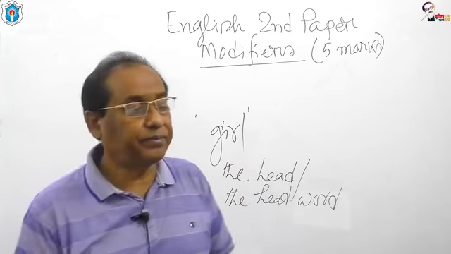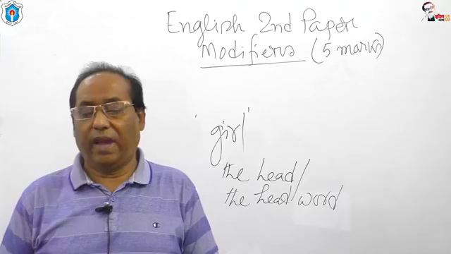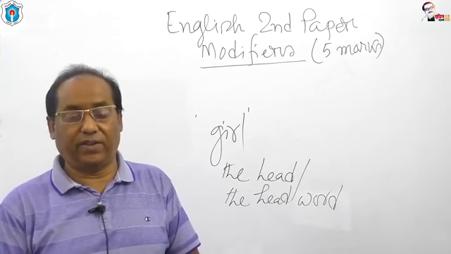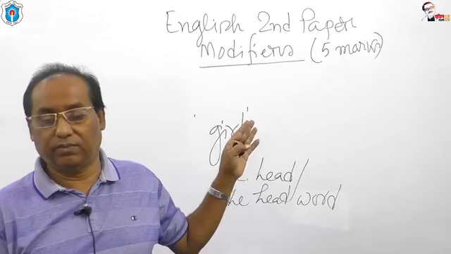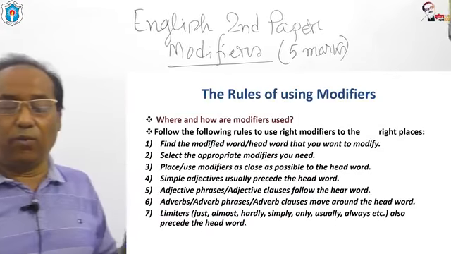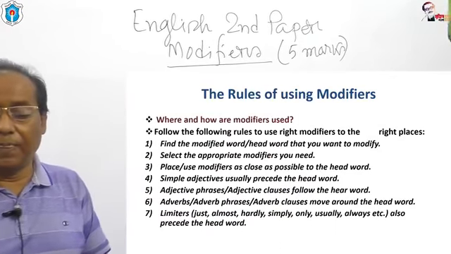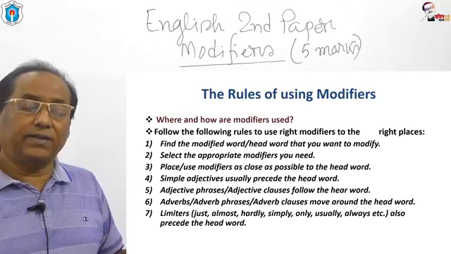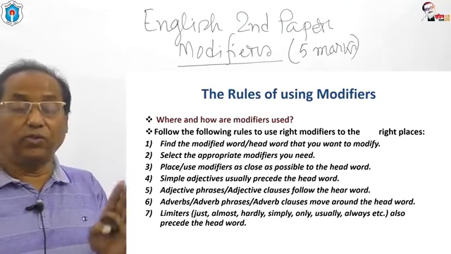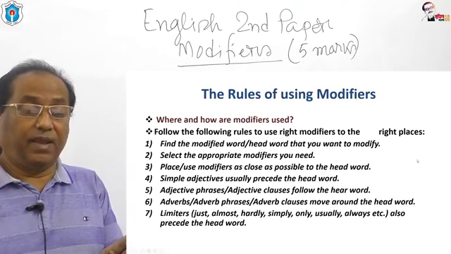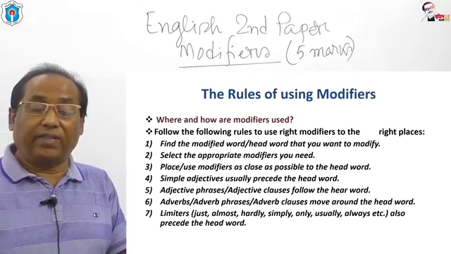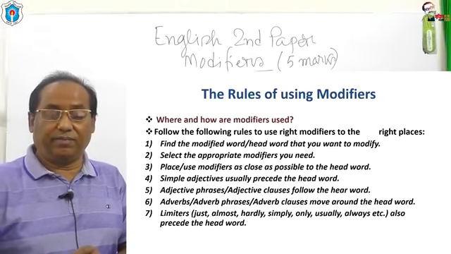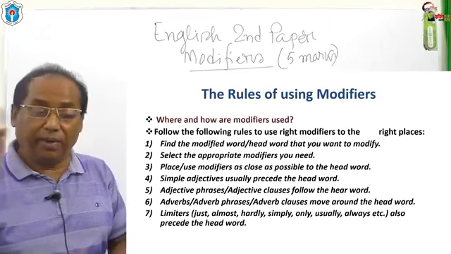Second, select appropriate modifiers that you need to use. Suppose you want to say that the girl is brilliant. You want to say, and this brilliant is the modifier that you need to express the meaning.